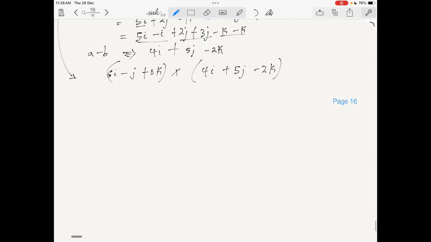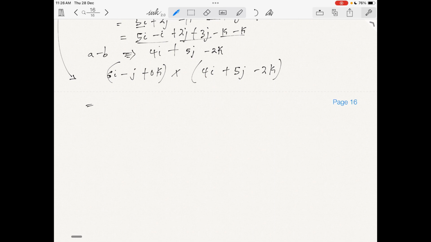After that is done, we will have to use a 3 by 3 matrix determinant, where the first row is the vectors i, j, k, the second row is the coefficients 6, minus 1 and 0, and the last row is 4, 5 and minus 2.